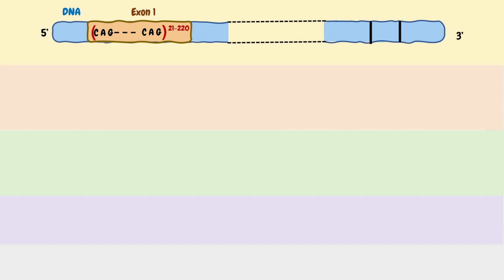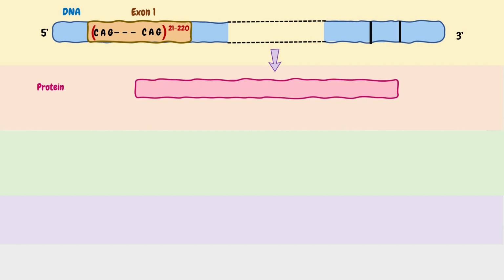Let's understand it. In the messenger RNA, the repeat unit is CAG. Its diseased range is 21 to 220. Normally, CAG codes for glutamine, and the expansion is expressed in the protein as a polyglutamine repeat.